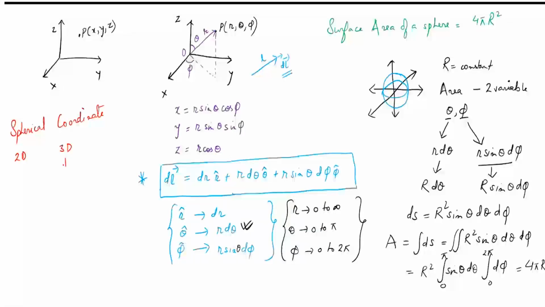If it is 3D, then your volume element you can write as r square sine theta dr d theta d phi. If it is 2D, you identify the two independent variables. Once you identify, you use this formula.